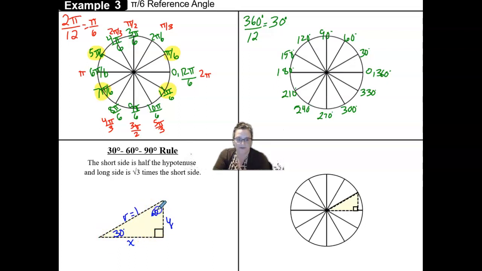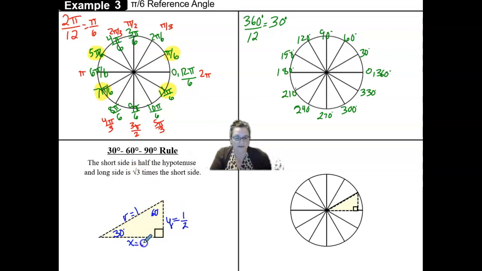So using our rule from geometry for 30, 60, 90 triangles, the short side, which is opposite the smallest angle, that is half the hypotenuse, and the hypotenuse is 1. So y, the short side, is 1/2. The long side, which is opposite our 60-degree angle, that is square root of 3 times the short side.